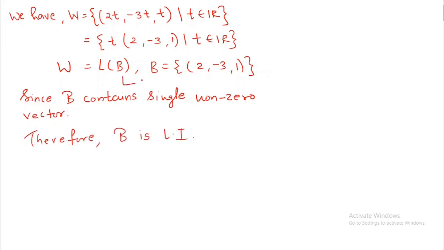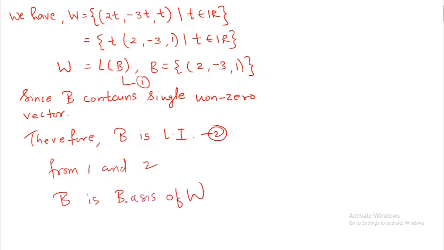So from 1 and 2, this B is a basis of W, and therefore what is the dimension of W? The basis set of W contains 1 vector, so therefore the dimension of W is 1. So that's all about this.